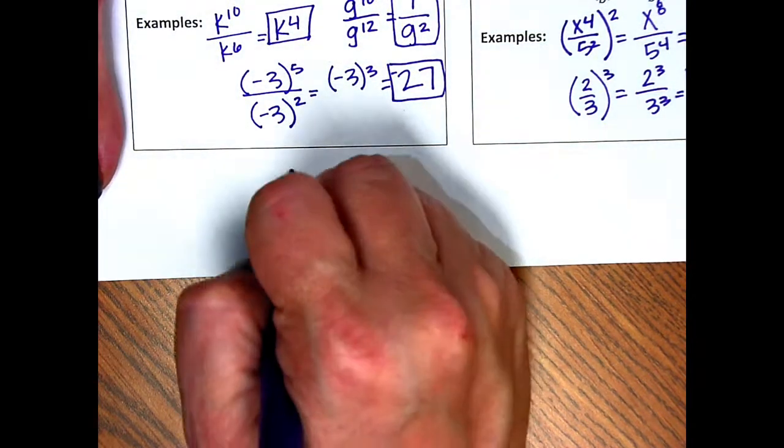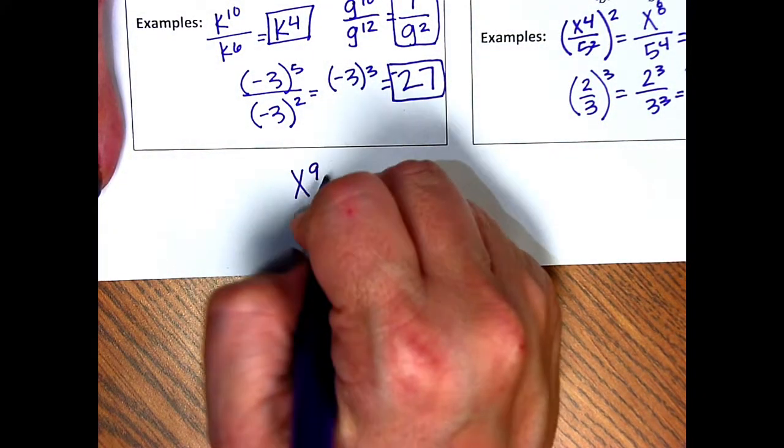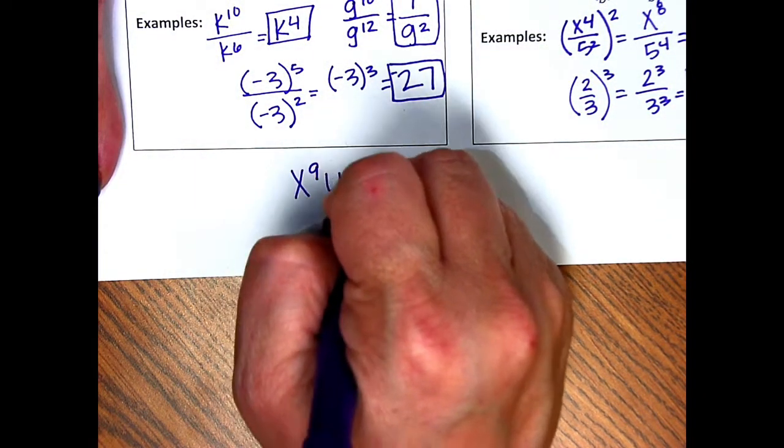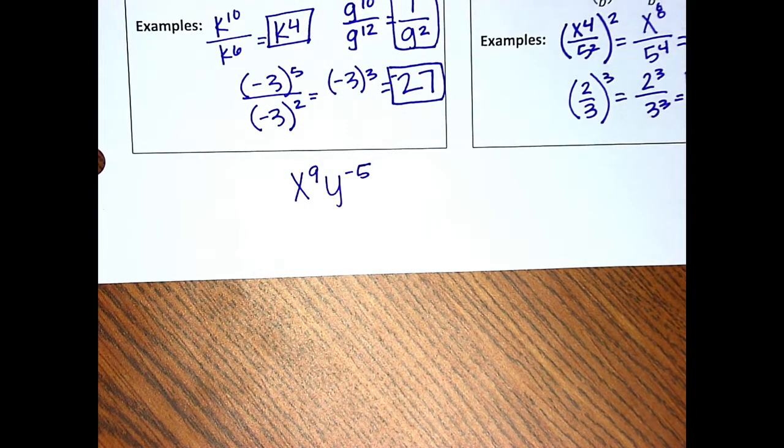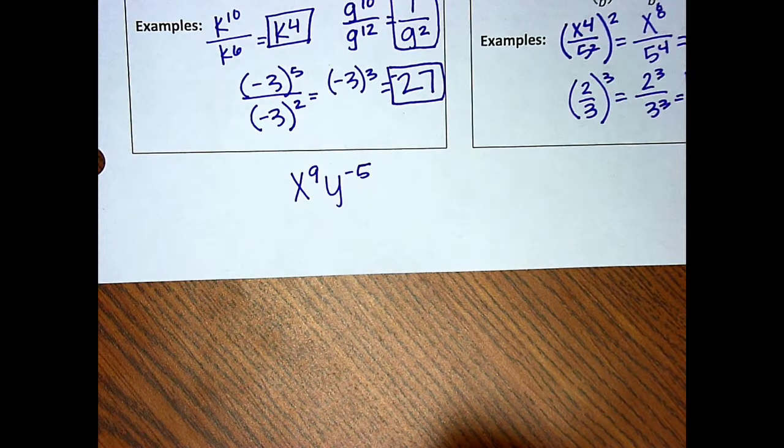When you have x to the 9th, y to the negative 5th. Okay, this answer is not in simplest form. Again, I said just a couple minutes ago that any negative exponent means that your answer is not in simplest form. To change the sign on an exponent, all you have to do is change its position in the fraction. So if it's in the numerator, bring it to the denominator.